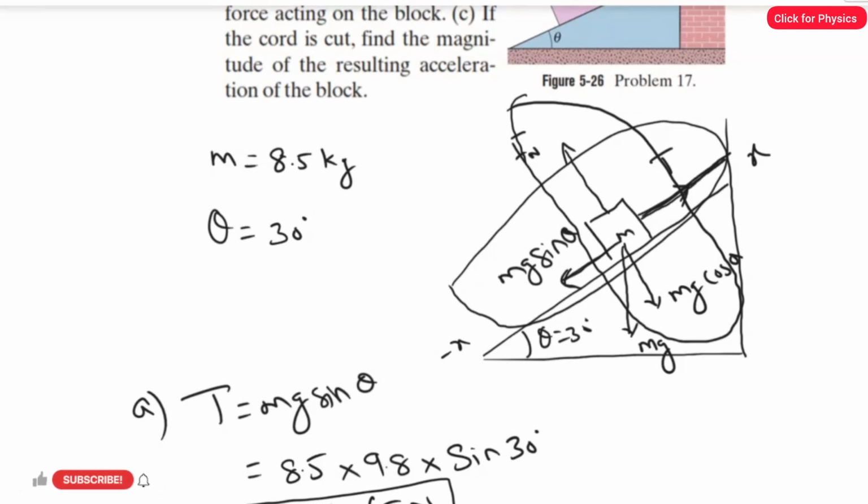When you cut the cord, the block will be accelerating in the direction of mg sine theta, which is the negative direction of x. That's the reason they ask in the question for the magnitude of the acceleration. Actually, the acceleration value here is negative, because once you cut the cord, the block will accelerate in this direction, which is the negative direction of x. So the answer for the acceleration here we got as negative.